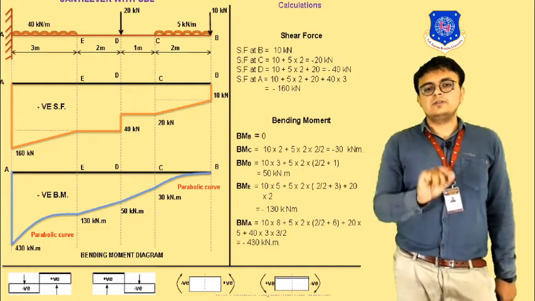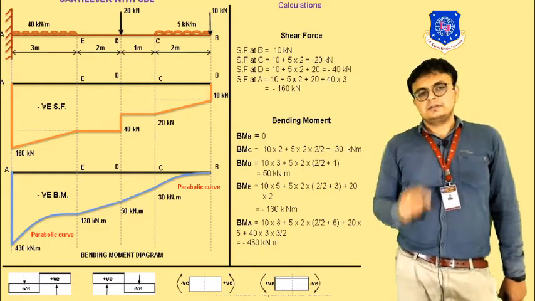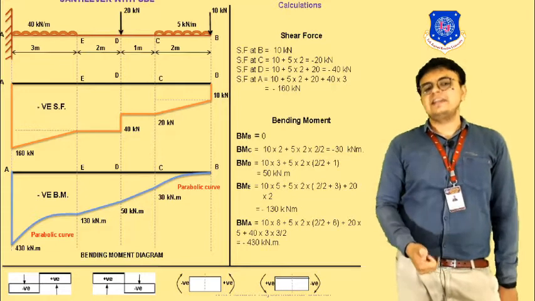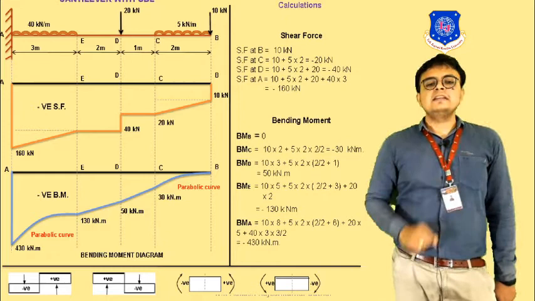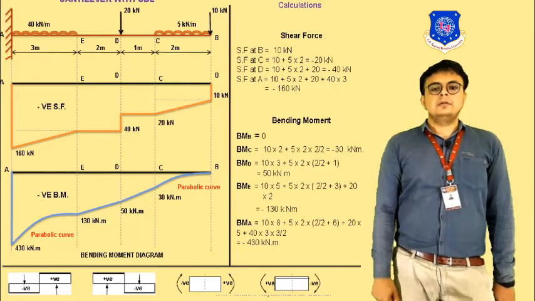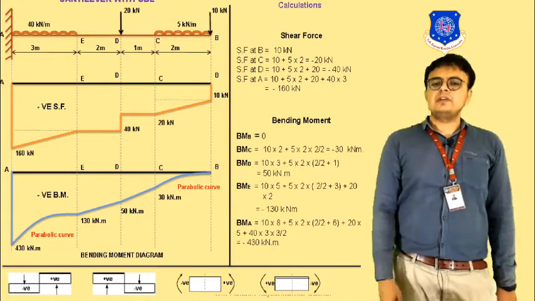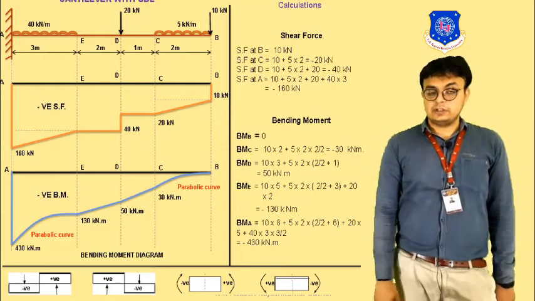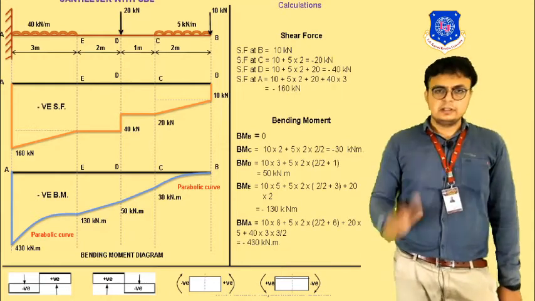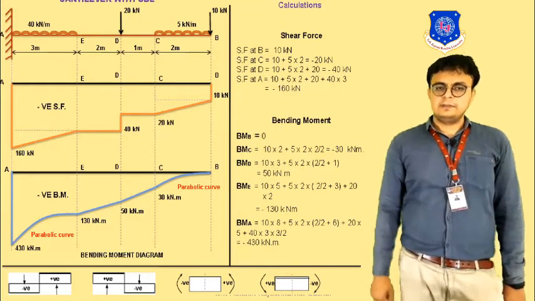So minus 40 minus 120. Finally, the shear force that we get at A is minus 160 kilonewton. And whatever shear force values we get are in the downward direction because they have the negative sign. All have the negative sign, so the shear force values will be in the downward direction.